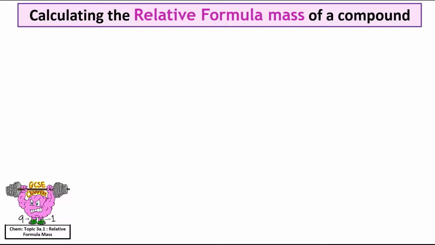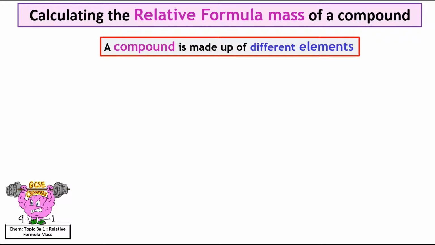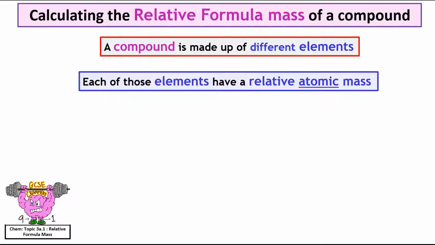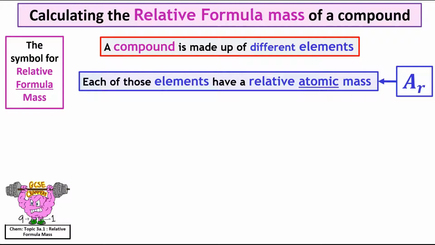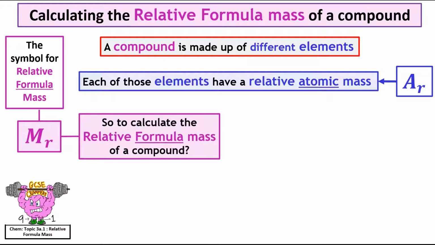Relative formula mass. Calculating the relative formula mass of a compound. What is a compound? A compound is made up of different elements, and each of those elements have a relative atomic mass, or AR. The symbol used for relative formula mass is MR. So how do you calculate the relative formula mass of a compound?